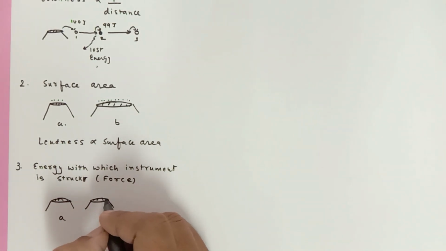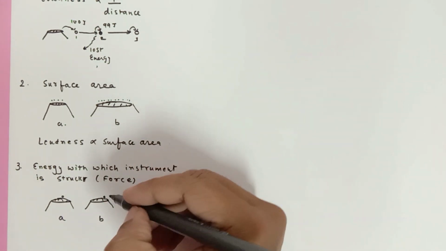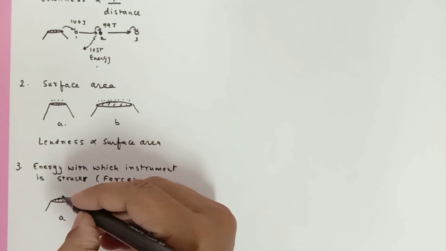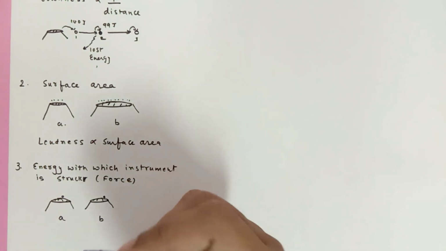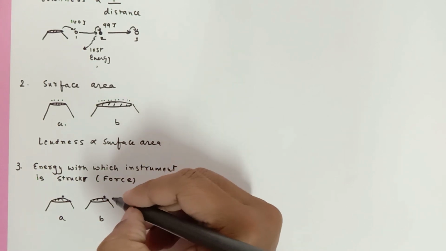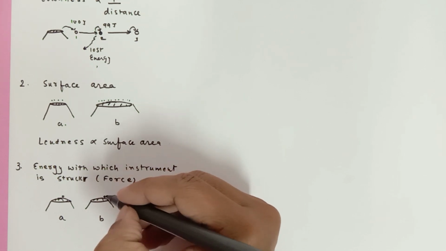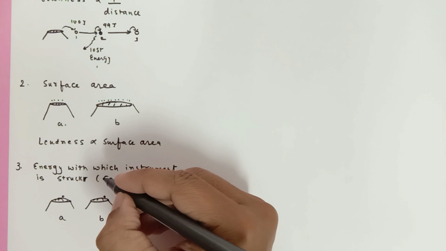What is going to happen is, if we place a few pieces of paper over here, when I beat this drum, this paper goes up. When I beat this drum, this paper goes up. But if I am hitting this drum harder, then the paper is going to go up by a larger distance and again fall back. The maximum distance that this paper goes up is called the amplitude.